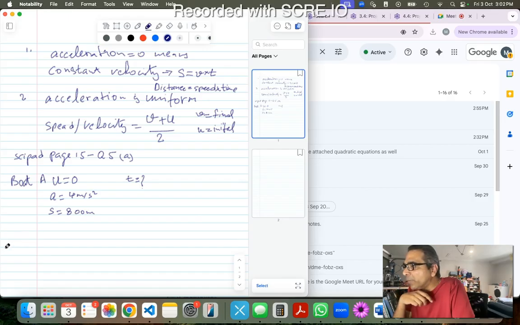Okay, for boat B, we have initial velocity 12 meter per second.